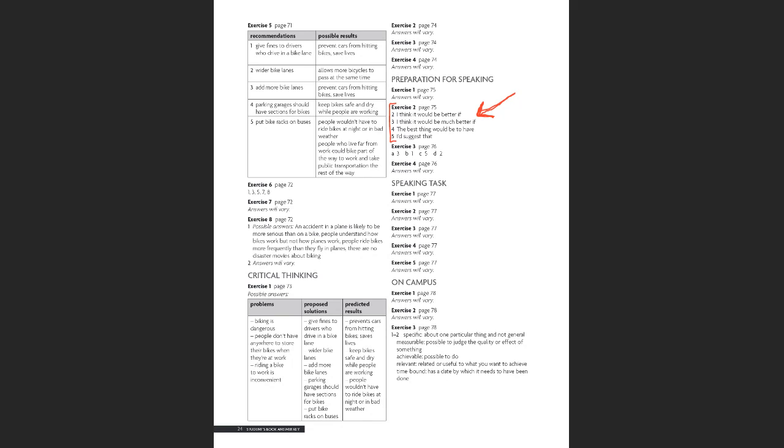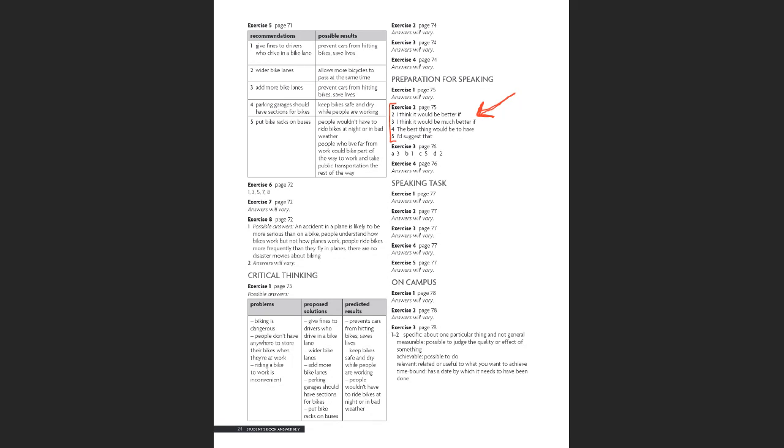Excuse me, teacher, what page number? Yes, we're on page 75, exercise 2. I underlined, I think it will be better if. Okay, good. I think it would be better if.